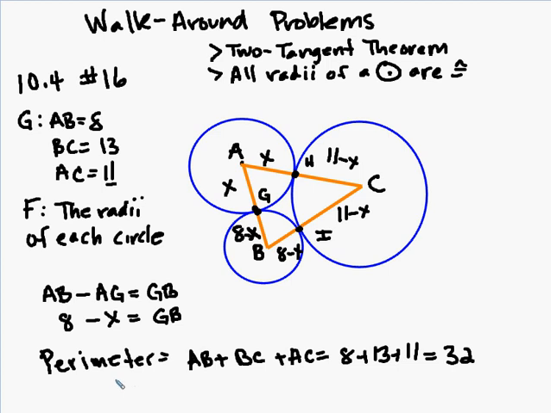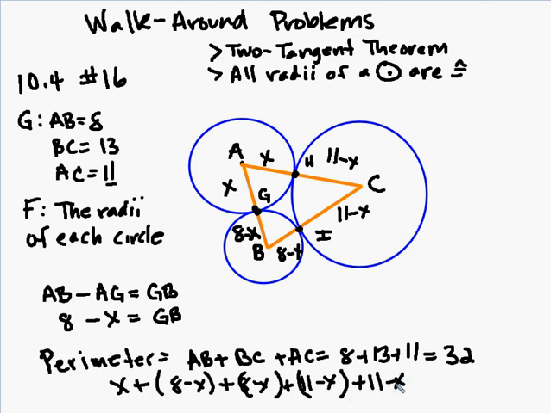So I have AG plus GB, or x plus 8 minus x, plus BI, which is 8 minus x, plus 11 minus x, plus 11 minus x, plus x is equal to 32.